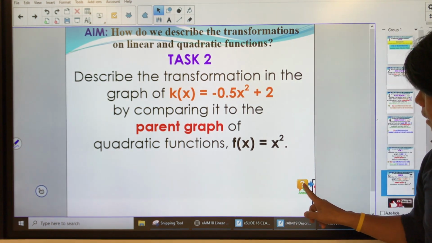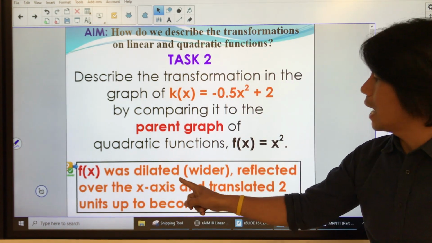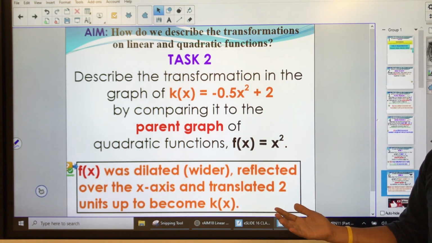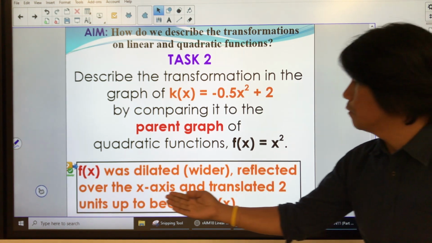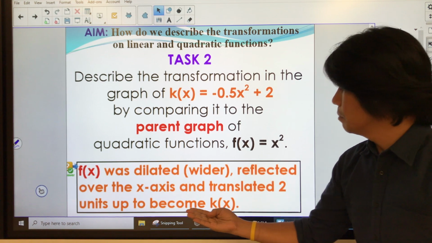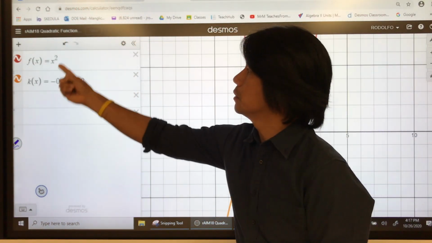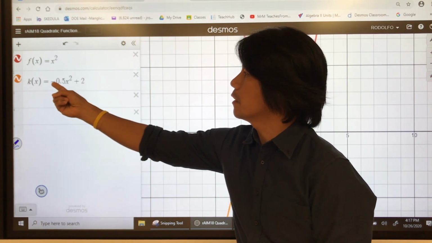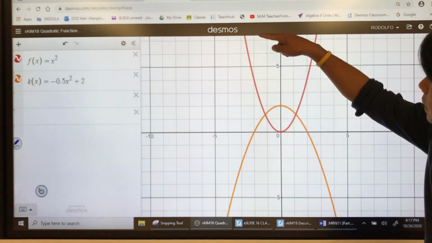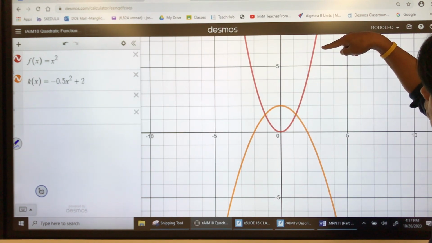And the answer is, or the transformation says, f of x was dilated, or it's wider, reflected over the x-axis, and translated 2 units up to become k of x. Let's take a look. I graphed both the parent graph and the second function. So again, the red graph is the parent graph.